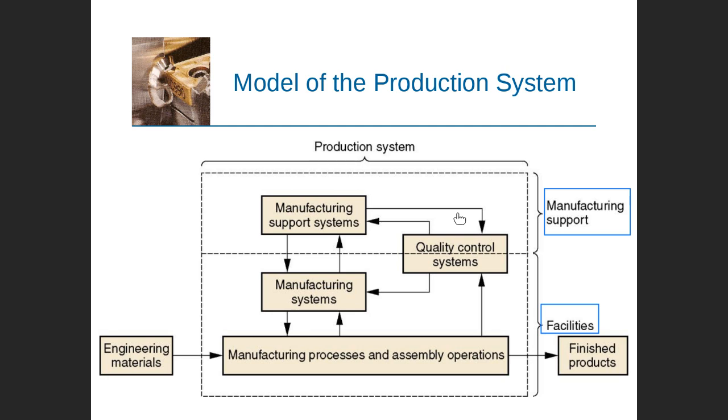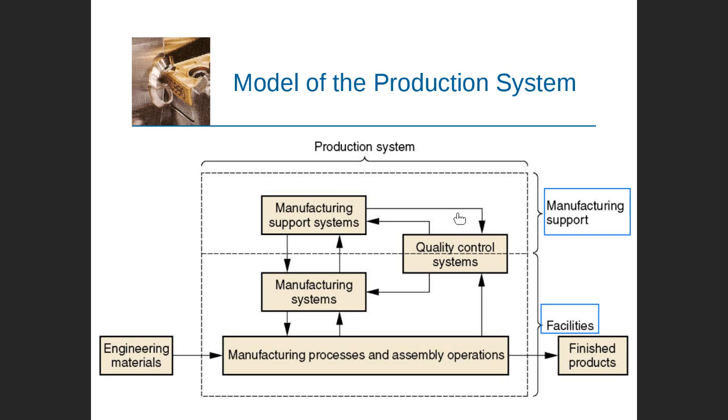Someone said design is very essential. Yes, it is very essential, but not related to manufacturing. Because we start the design at an early stage. First design, when you do design and finalize design, later manufacturing comes. So design is not part of the manufacturing, but very essential to manufacturing. So we consider it as support.